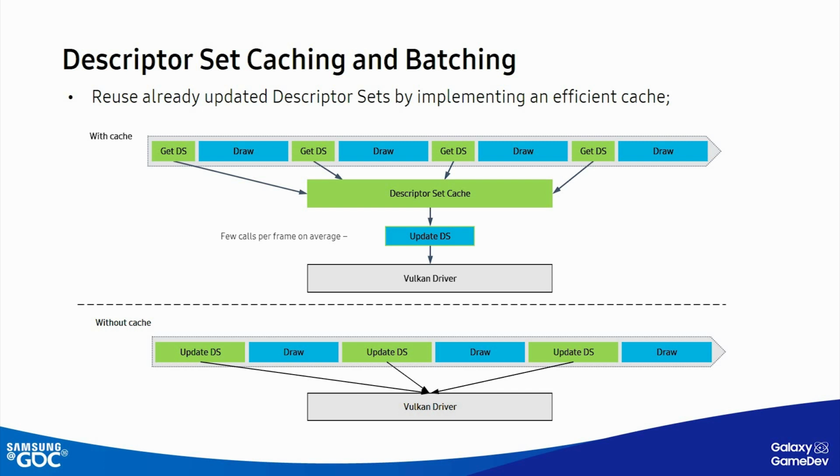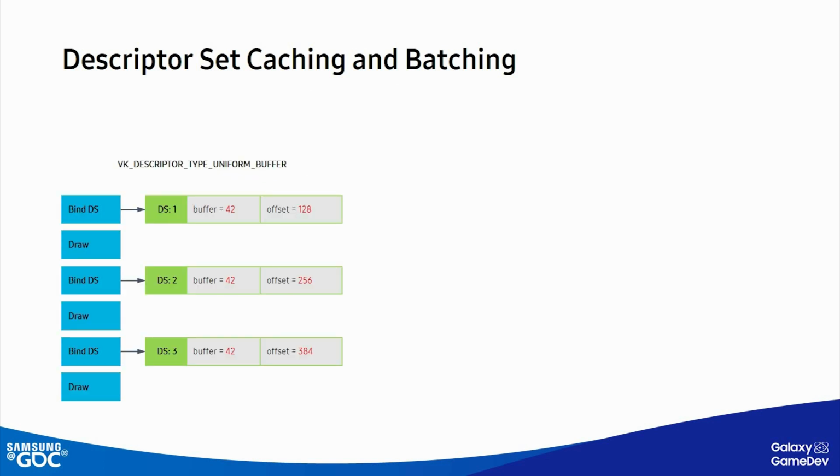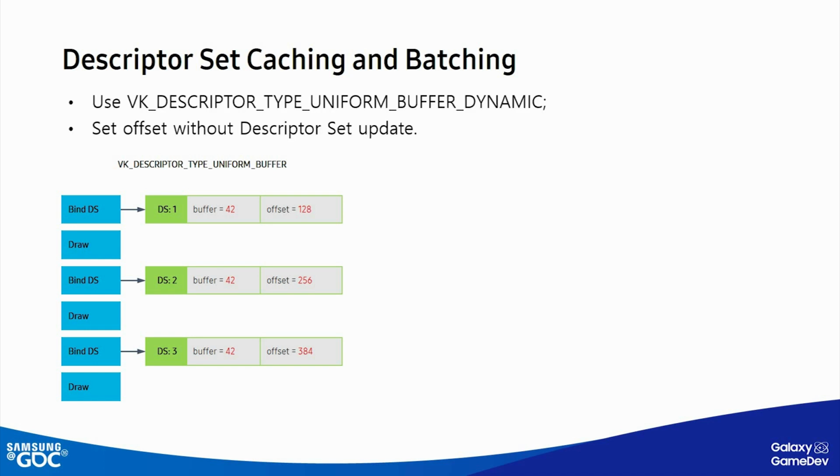It is better to combine the updated descriptor set where possible, as it is more efficient than using a single update each draw. Also, here are some useful tips for reducing the number of descriptor sets. There are 2 types of descriptors for uniform buffers, normal and dynamic. With normal update buffers, to specify offset into the same buffer, you need a new descriptor set per each draw call.